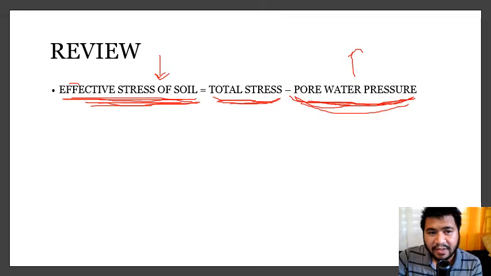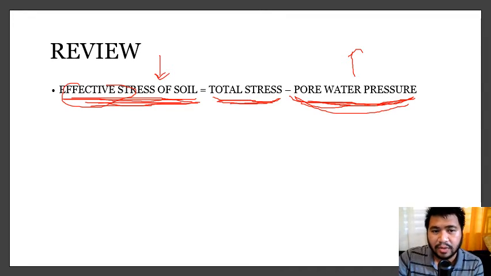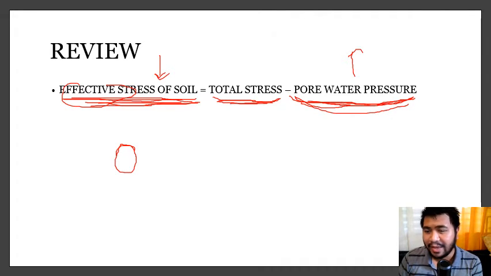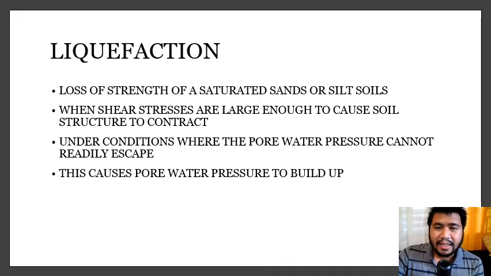Once the effective stress hits almost zero or very low values, you get almost zero strength for your soil. And that's bad news for all the buildings, bridges, or structures lying above your soil. They're going to collapse. So that's the importance of effective stress.